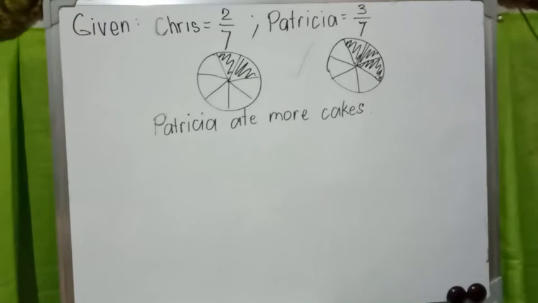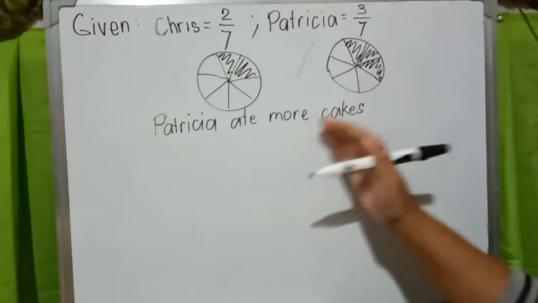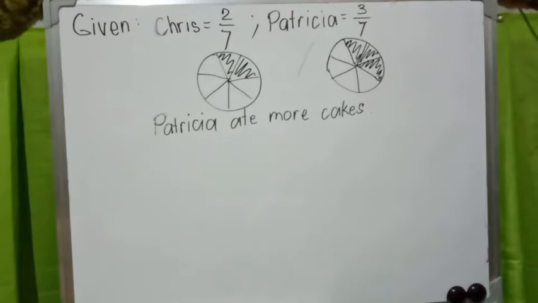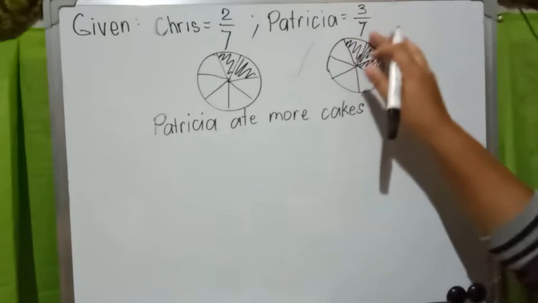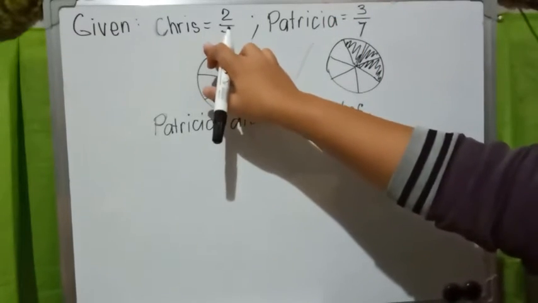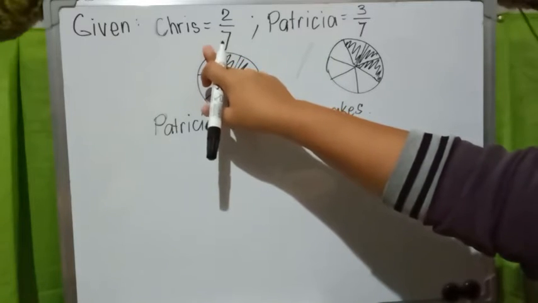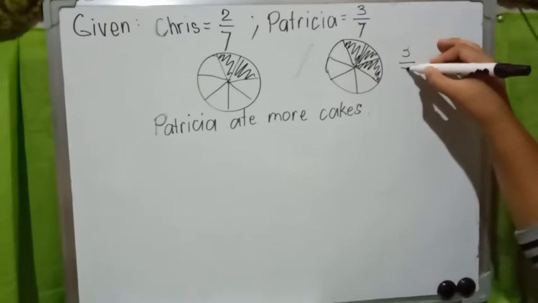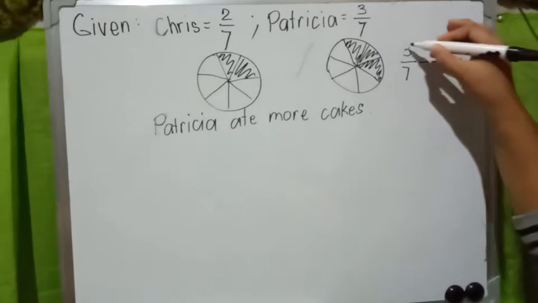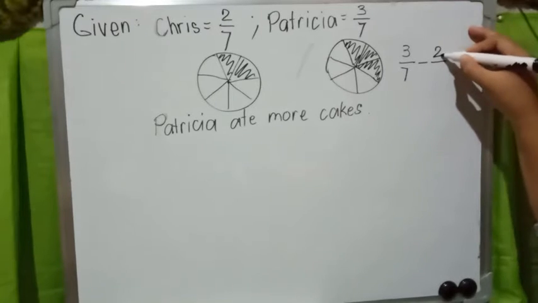Now, we need to find out by how much Patricia ate more cakes. In order for us to find that, we need to subtract the slices of cake of Chris from Patricia. So we have 3/7 minus 2/7.